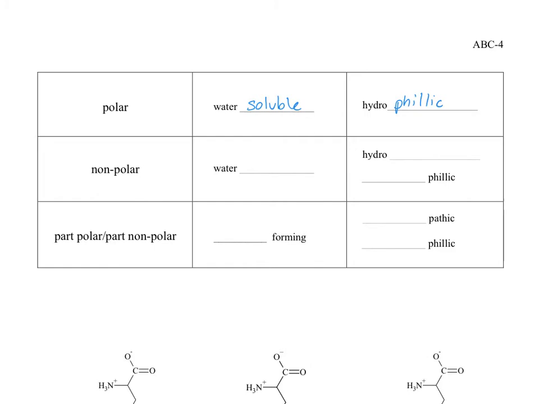Molecules that have a lot of nonpolar bonds are going to be hydrophobic, or water-fearing, and they are water insoluble to some degree, meaning they will not disperse in water.